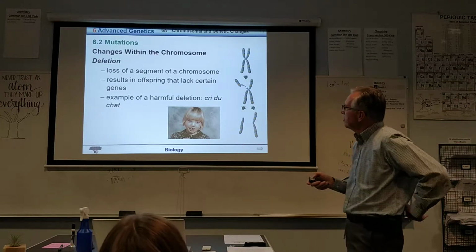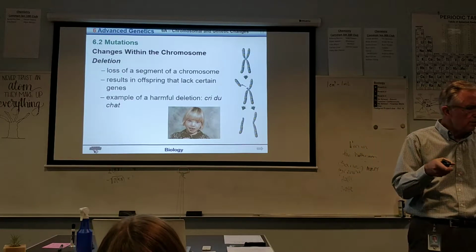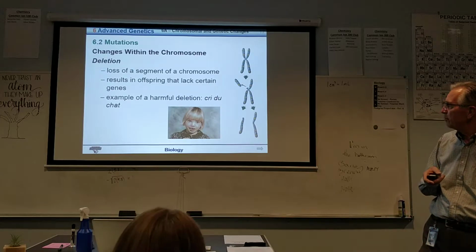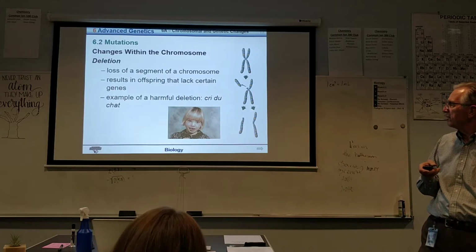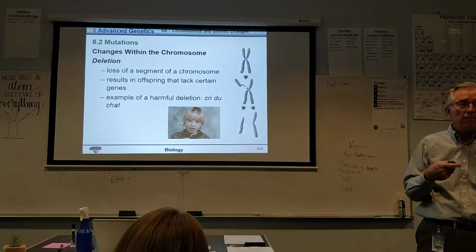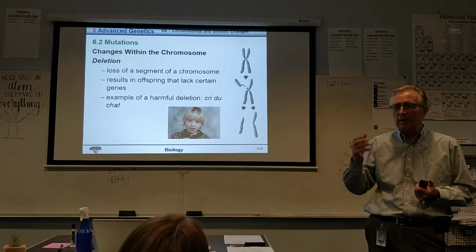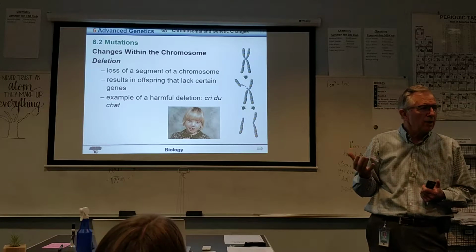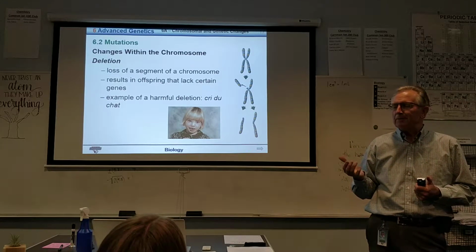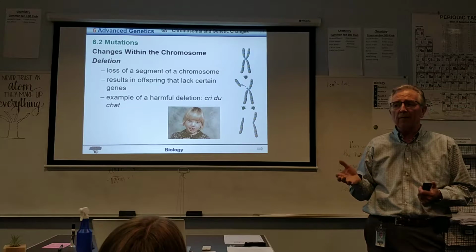This person right here is the picture that you have in your textbook. She has something called Cri du Chat. I think they discovered it probably with a name like that, sounds like it's French, right? But it means the cry of a cat.